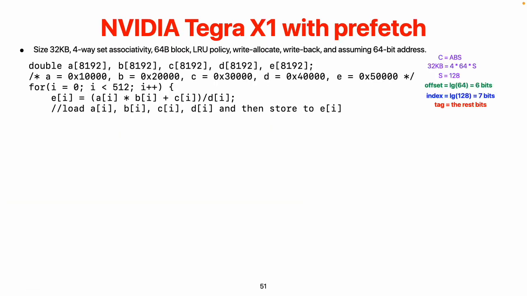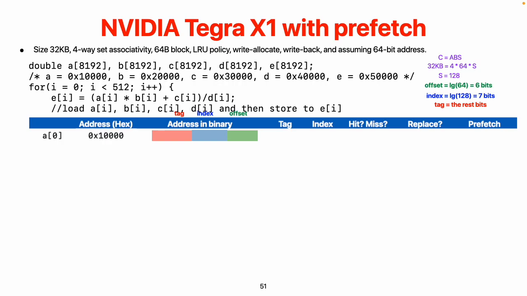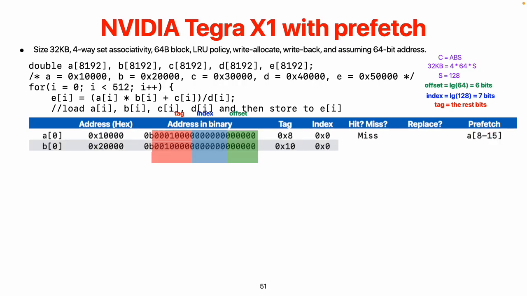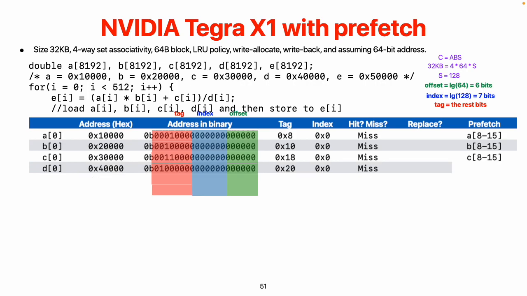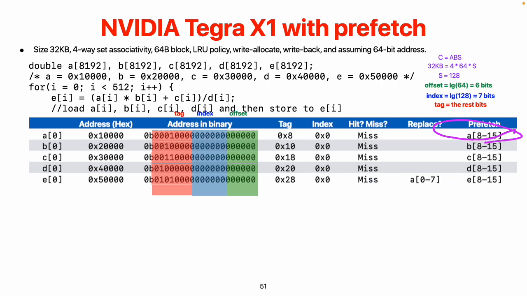So let's look at this Tegra X1 with prefetching. So far, what I'm going to do is that I always do next-line prefetching. As you can see, when I access A0, I always try to access A8 to A15, right? So now, when I have an E miss, I also prefetch E8 to E15. How about the others?